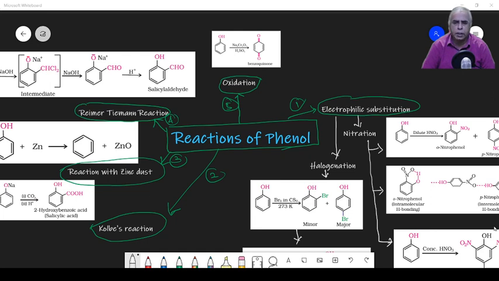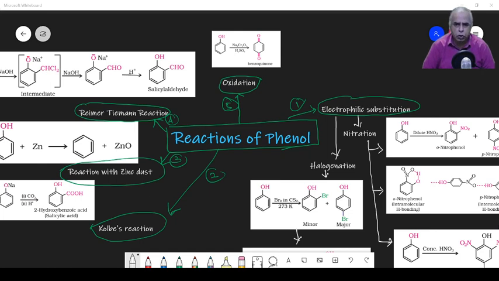When we take dilute nitric acid with sulfuric acid as the catalyst, we are able to get orthonitrophenol, where the nitronium ion is the electrophile. And we can get the para isomer also, because the hydroxyl group already present in the phenol is an ortho-para director. It's called the orientation effect, that is the direction effect.